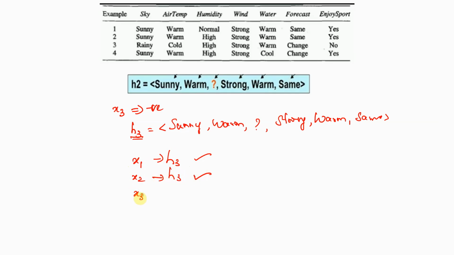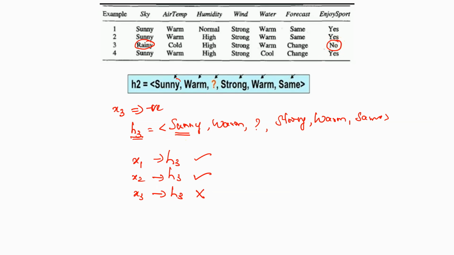When I pass X3, see here, rainy, and our hypothesis is sunny. Rainy and sunny are opposite, so automatically the hypothesis does not accept the input. So your output is no, and our target is also no.